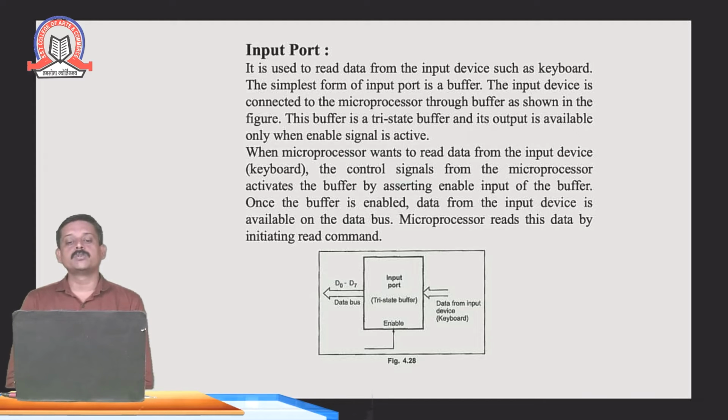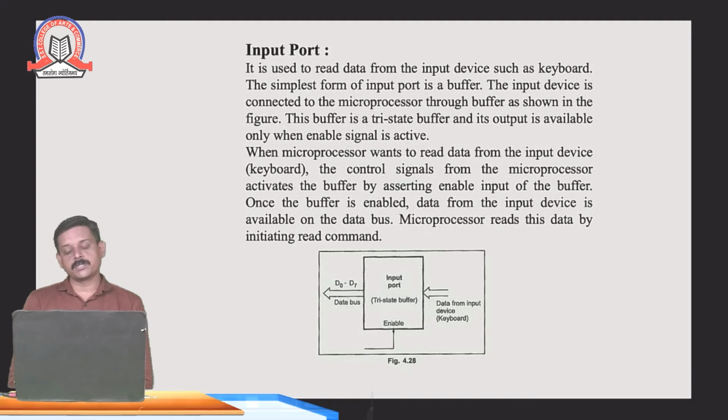It is used to read data from input devices such as a keyboard, and the simplest form of input port is a buffer. The input device is connected to the microprocessor through a buffer, as shown in the figure, and this buffer is a tri-state buffer, and its output is available only when an enable signal is activated.